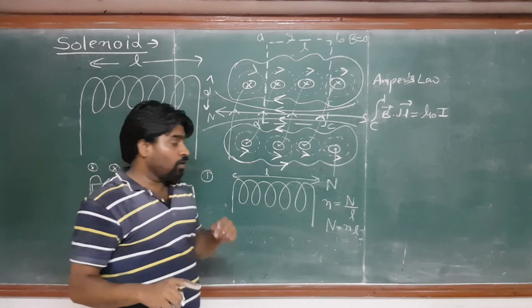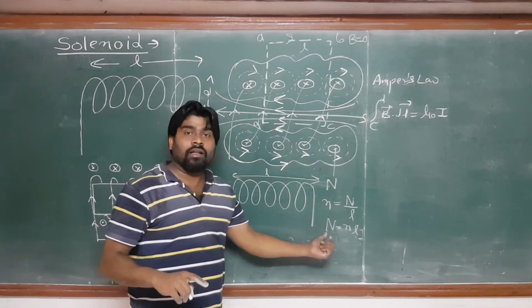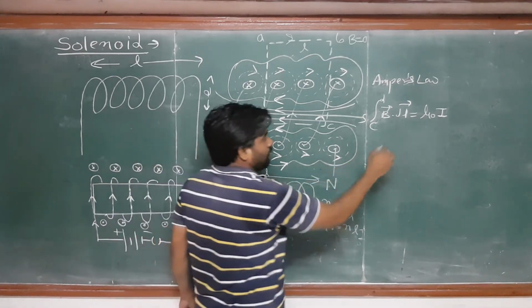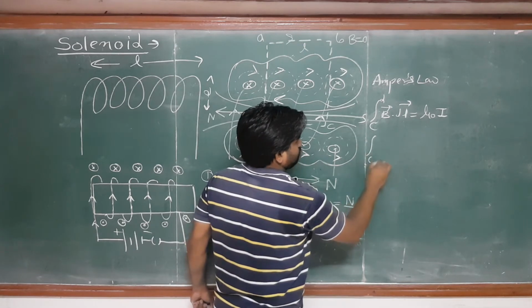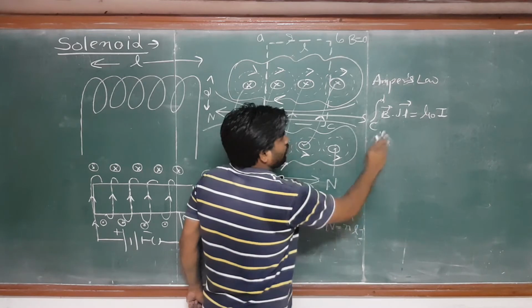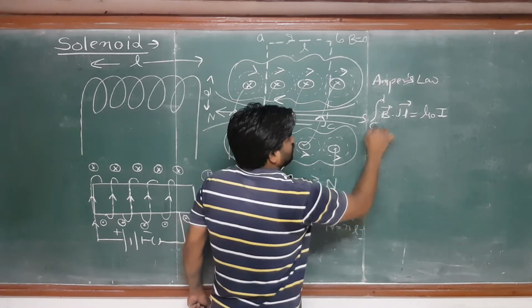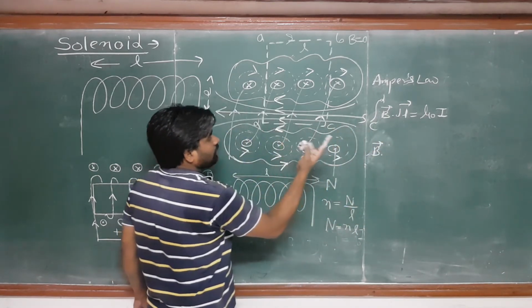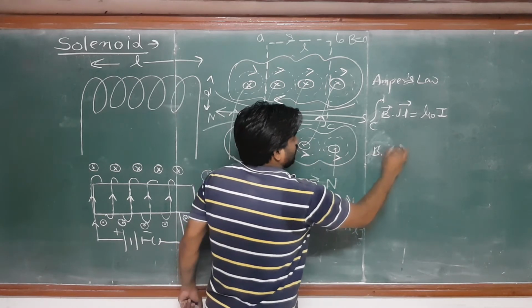And I told you the number of turns is capital N. So I can write here, the integral from C to D of vector B dot dL. For CD, the length is L and they are parallel.